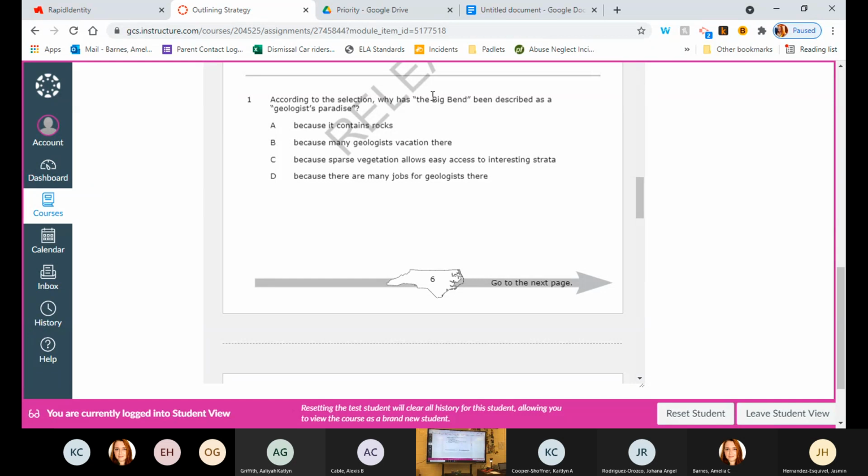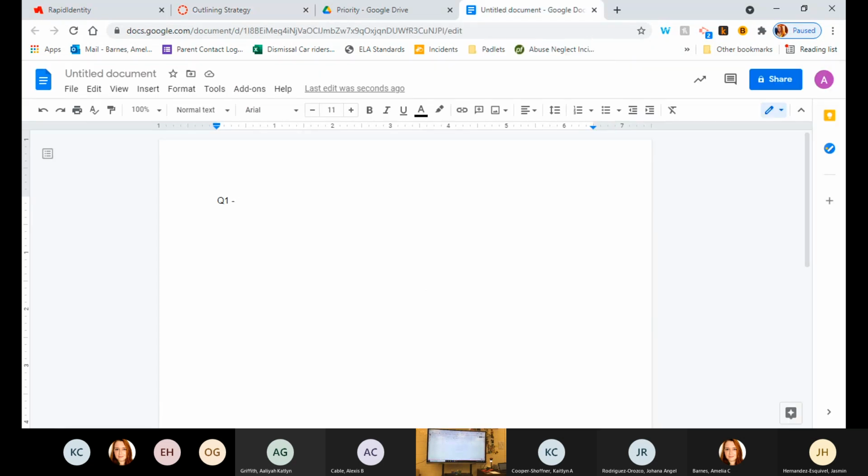I don't want to rewrite it perfectly. I will just put Big Bend equals geologist's paradise, and then why.